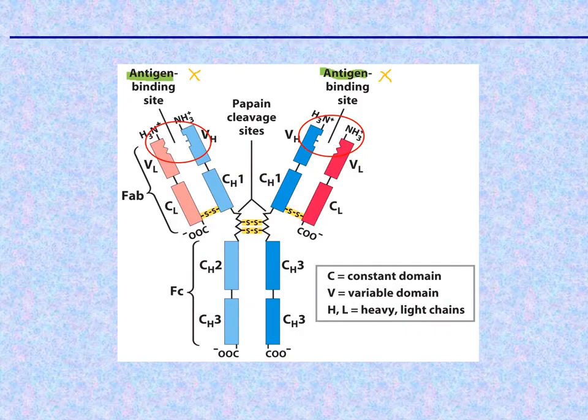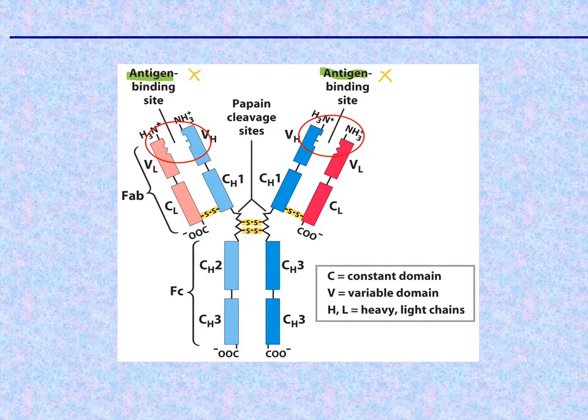Every single antibody molecule produced by every single B cell will have in it these constant regions indicated by a C. It's only up here in the antigen binding site that they will be different from each other. But otherwise, they do have constant areas that are the same.